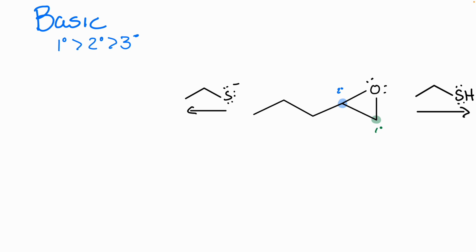All right, so when I draw my product here, I'm going to start by drawing that blue and that green carbon. And I'm going to say, all right, my nucleophile got added to the green one. So here's my S with those two carbons. And what do I need to put on the blue carbon? The OH. Right?